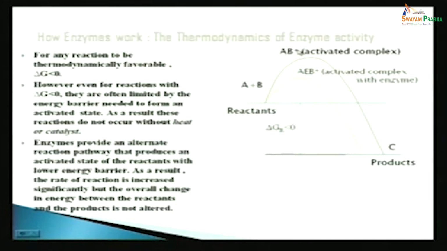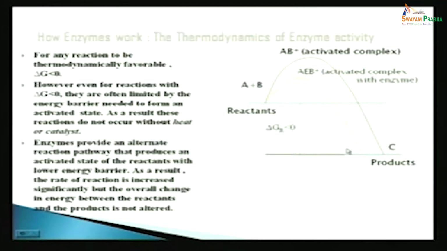The enzyme binds to the substrate, or the substrate rather binds to the active site of the enzyme, and it forms a different complex, which in this case is written as AEB+, E being the enzyme. And this complex has a much lower threshold energy or barrier to be jumped across to go to C.